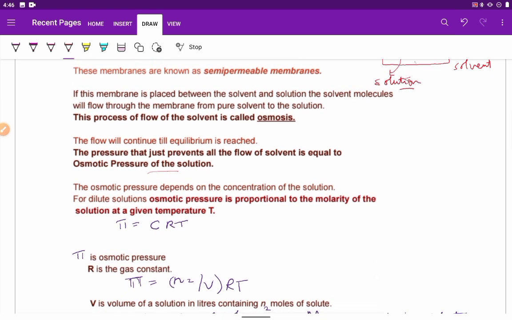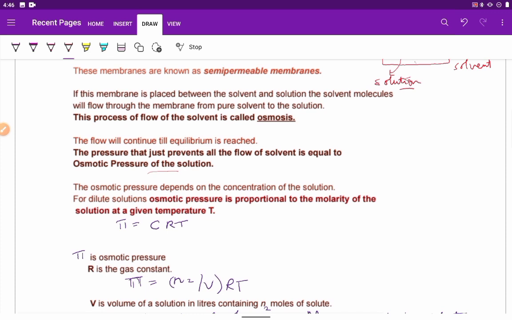The osmotic pressure depends upon the concentration of the solution, and in case of dilute solutions, the osmotic pressure will be proportional to the molarity of the solution at a given temperature T.